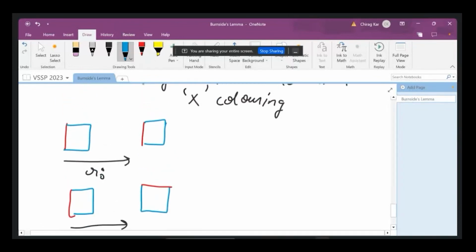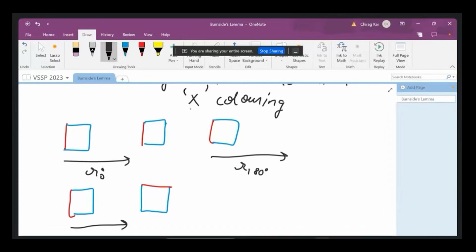And similarly, we look at this and we look at the R180 degrees rotation. So in the 180 degrees rotation, this one becomes this one, and we essentially flip the entire thing in some sense.